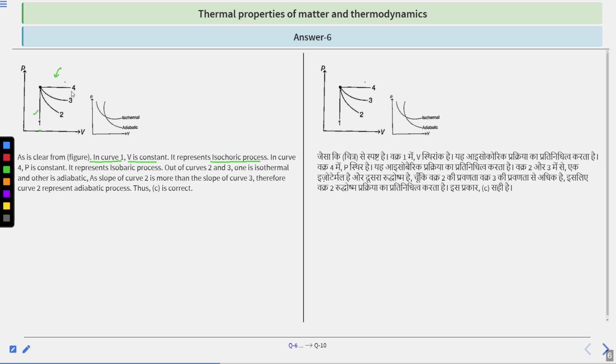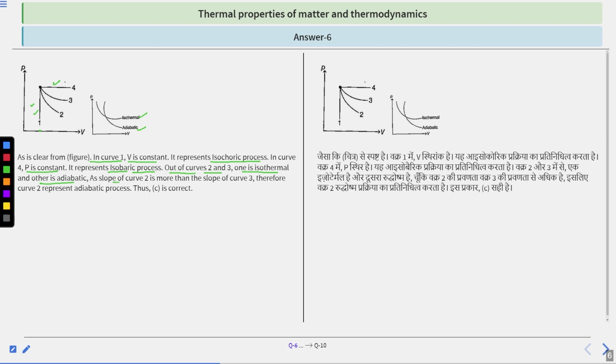In curve fourth, pressure is constant, so it represents an isobaric process. Clear? So out of curves second and third, one is isothermal and the other is adiabatic.